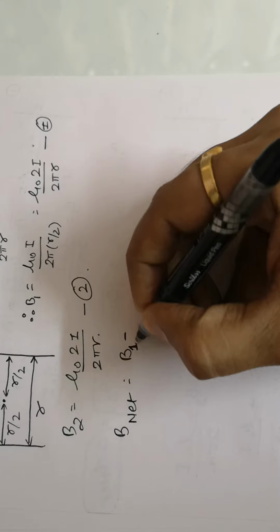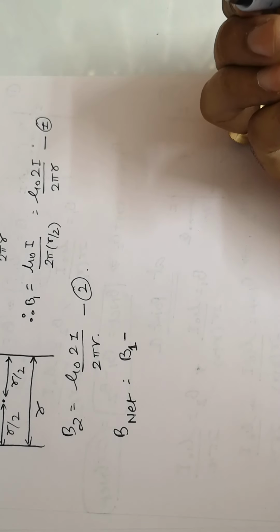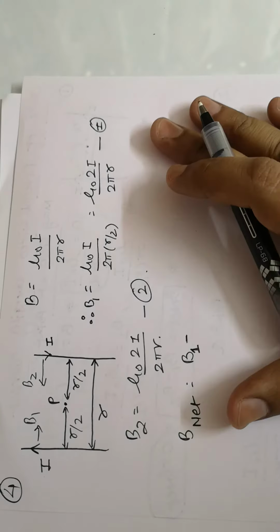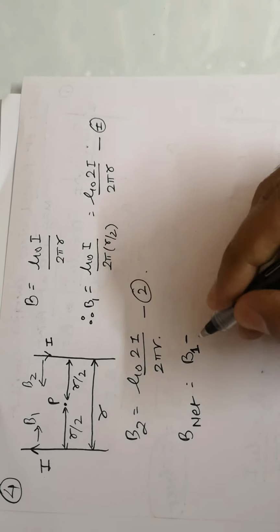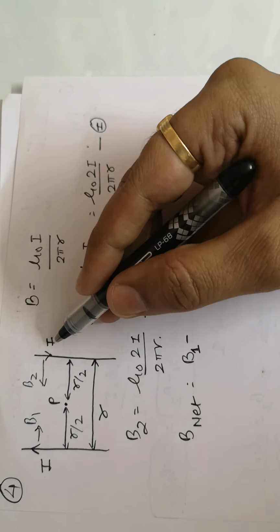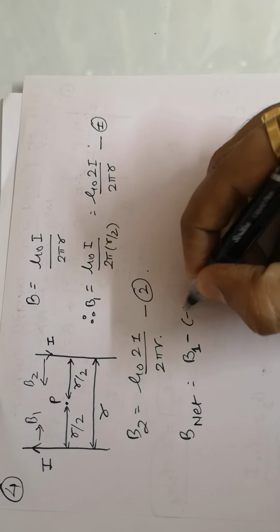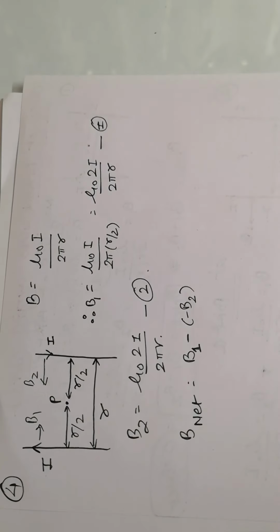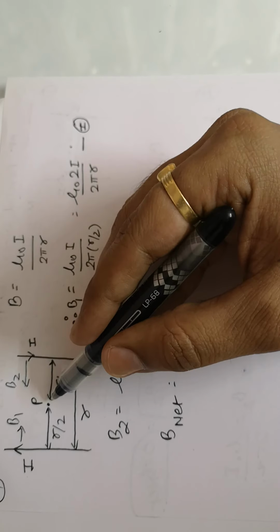The conventional sign convention we use is that right hand side is positive and left hand side is negative. So I am also following the same notation. B1 is right hand side, that is why positive, B2 is left hand side, that is why negative. But you can see the direction of current is opposite, so I am putting another negative sign for the direction of the magnetic field because of this current at this point.